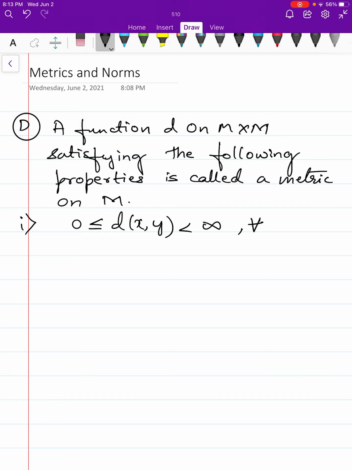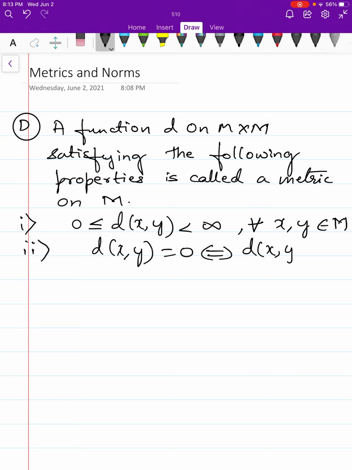This is true for all the pairs x comma y belonging to M. And the second one: when is it equal to 0? d of x comma y is 0 if and only if the distance is measured between the same points, if and only if they are equal.